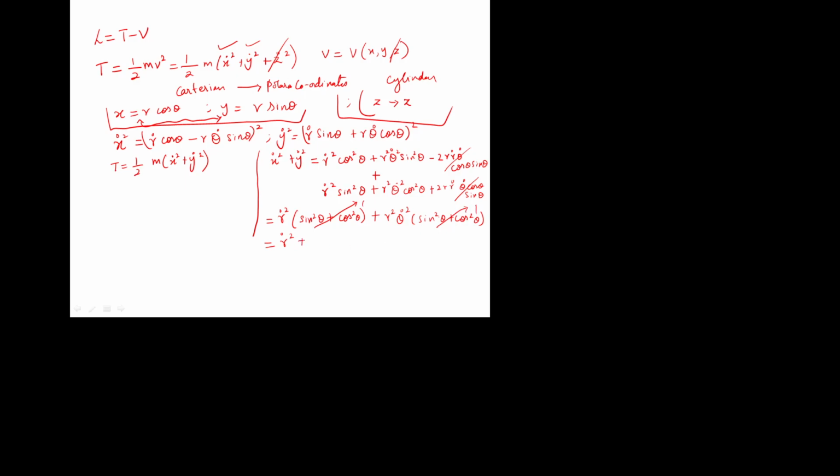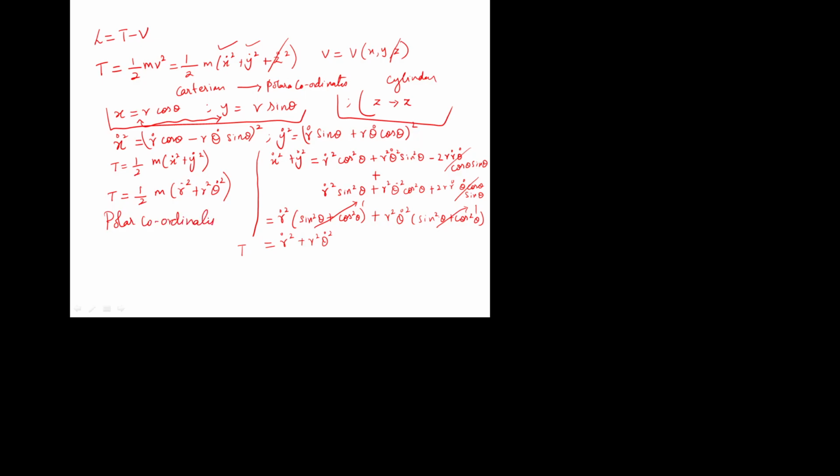So we get r dot squared plus r squared theta dot squared, and with the constants, T equals one half m times r dot squared plus r squared theta dot squared. This is the kinetic energy term in polar coordinates.